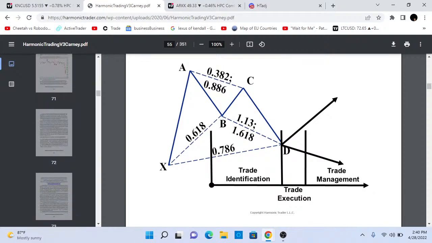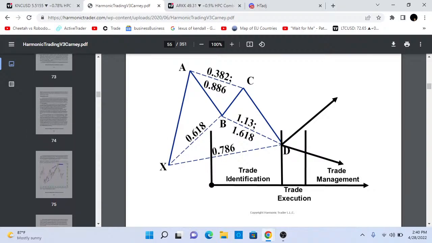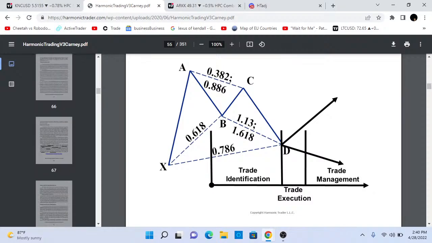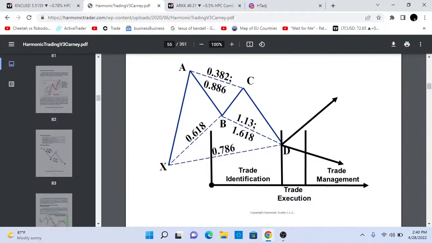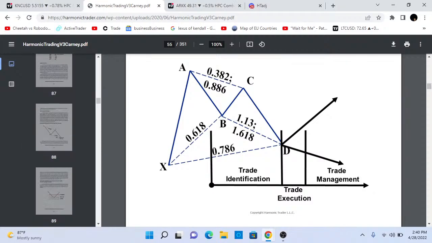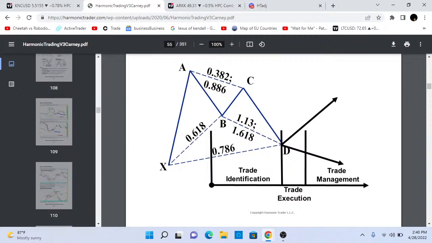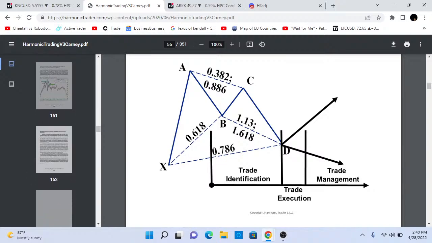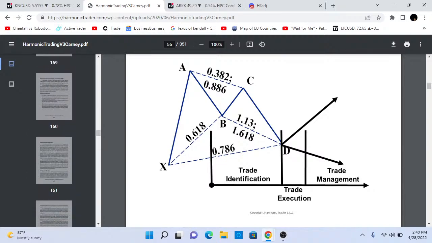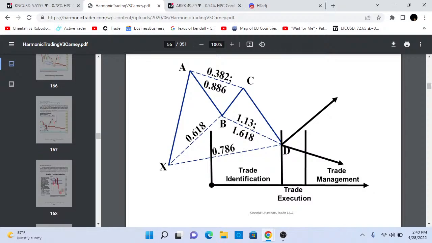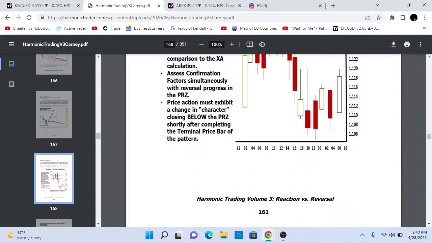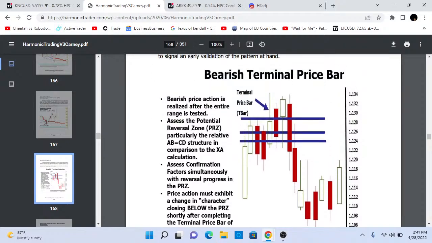Let me see if I find a better terminal bar illustration. Where'd you go? Let me bring it up. I have to go all the way to management. Come on, where'd you go? It's 160. There you go. Terminal bar. This is a better illustration of what we should be expecting.